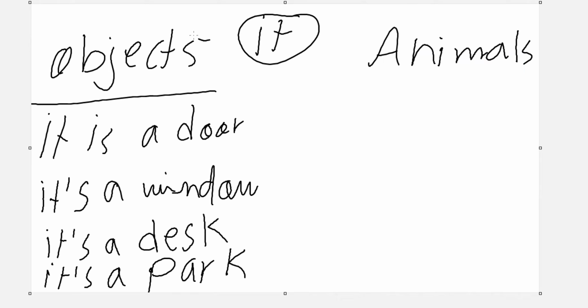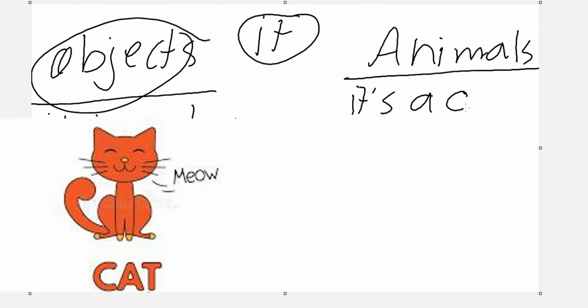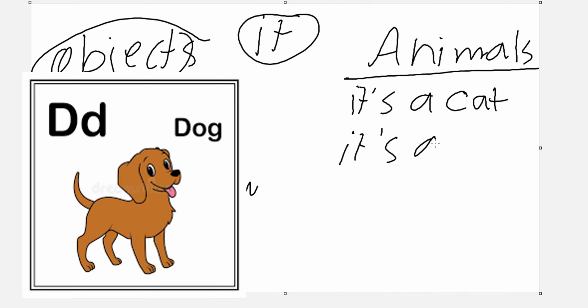So when I say objects, I mean anything that is not alive, not a living creature, any object, any place, any word. Now we move to animals. It's a cat. It's a dog.